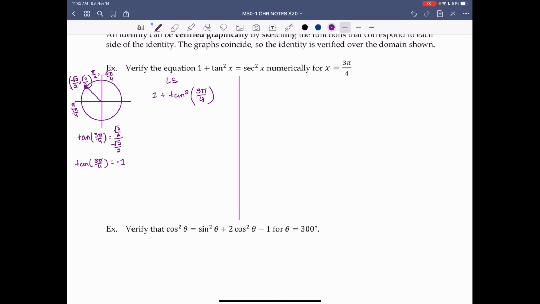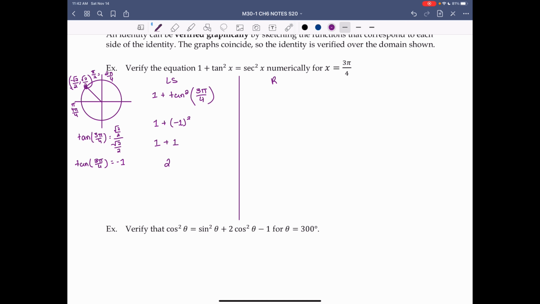So we can simplify the left side down to 1 plus negative 1 squared, because it was tan squared 3 pi over 4. Negative 1 squared is positive 1, so we get 1 plus 1, which equals 2.